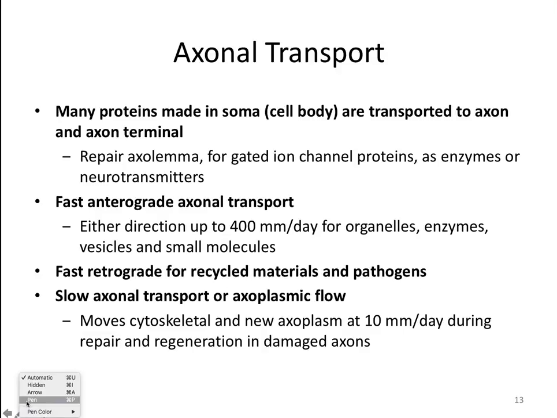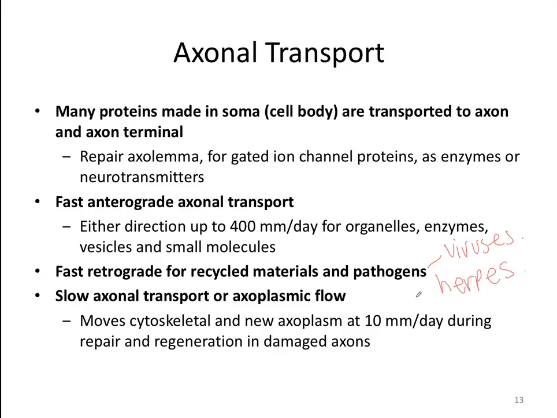So these can be pathogens that are being dealt with within the cell, or they can be things like viruses. So one example of a virus that might be inside of your neuron is herpes. Yes, herpes virus likes to hide in neurons. That's its favorite.